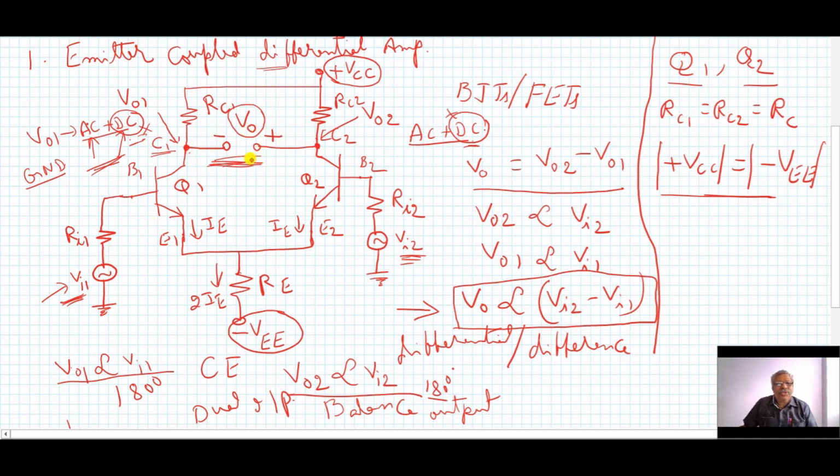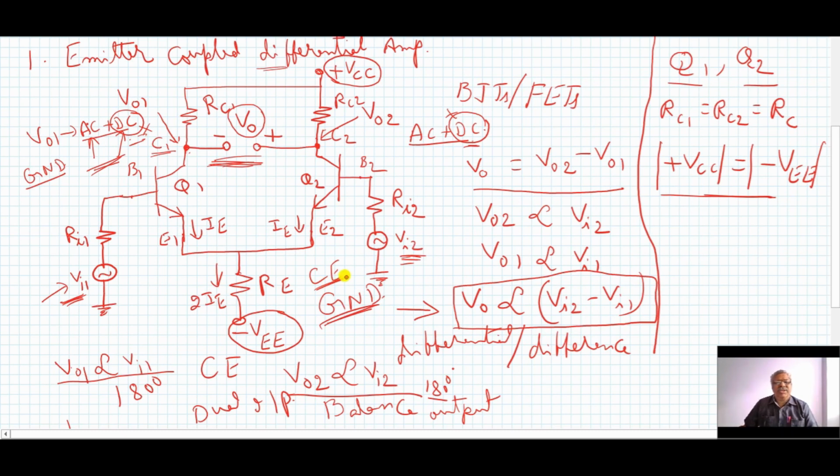And the fourth one is single input unbalanced output. We apply only one input, either VI1 or VI2, and output is collected at either C1 or C2, at either of the collectors with respect to common ground. This will be exactly similar to our CE amplifier which we learned earlier.